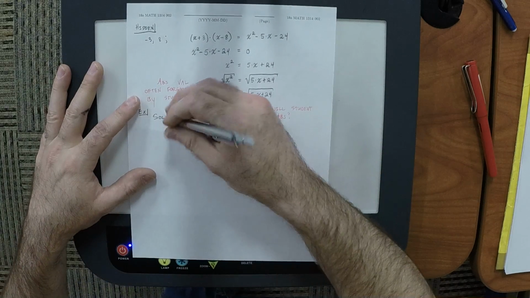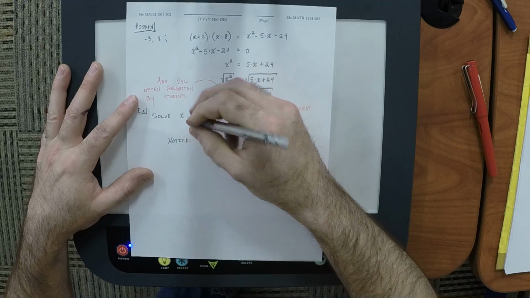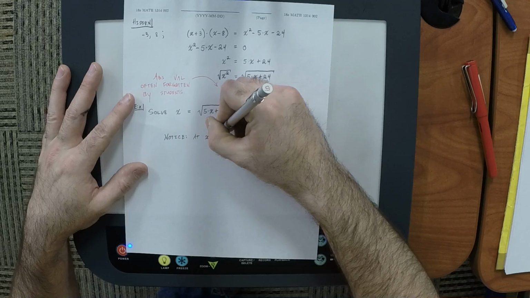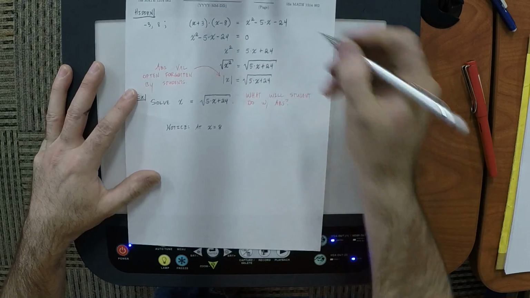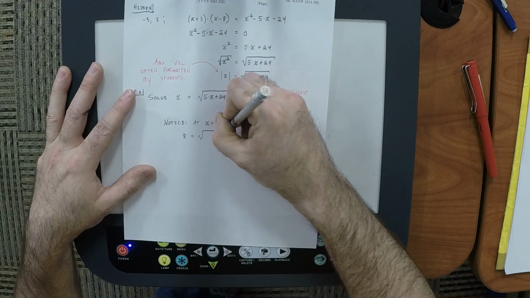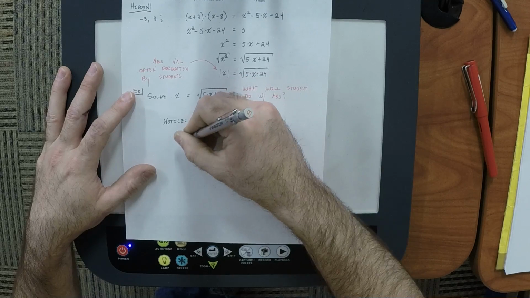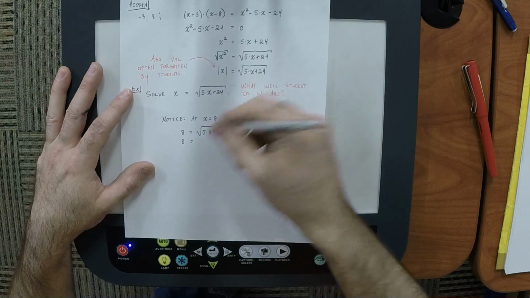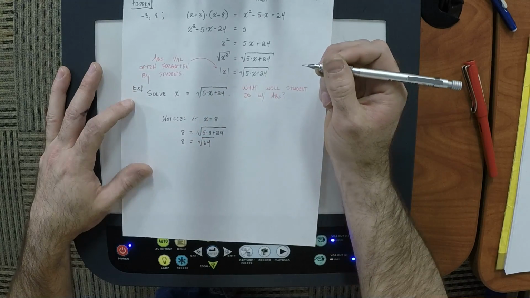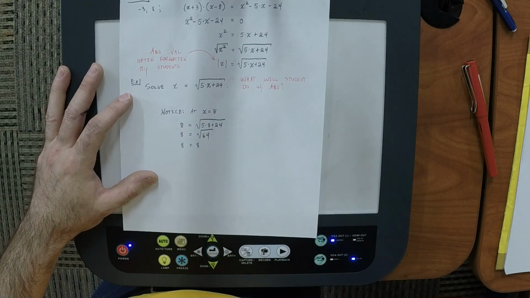So notice that if you plug in x is equal to 8, the left-hand side will be 8, and the right-hand side will be square root of 5 times 8 plus 24. What is 5 times 8 plus 24? 64. And what's the square root of 64? 8. So there's an equation. Is it true? It's true.